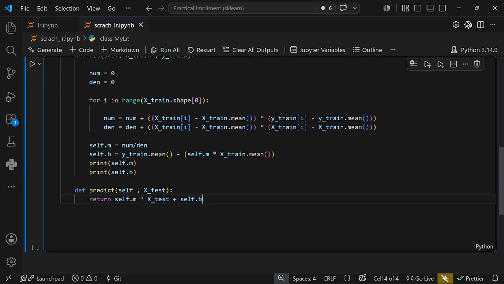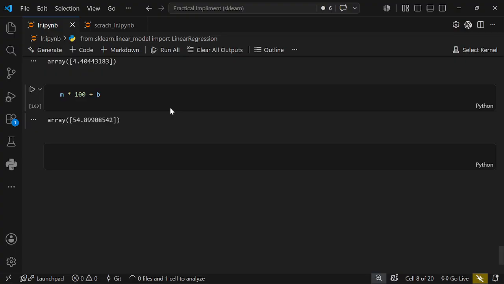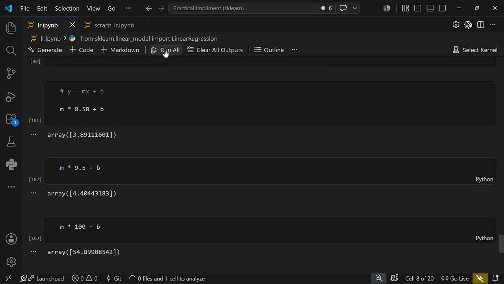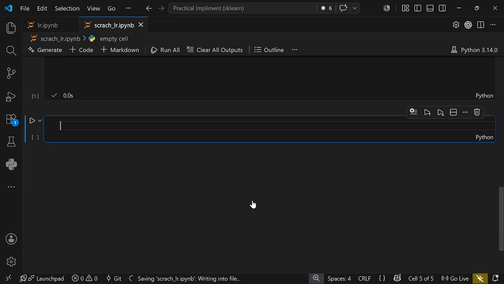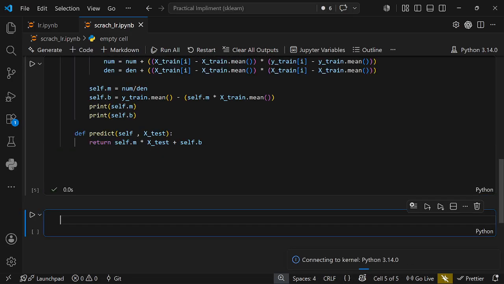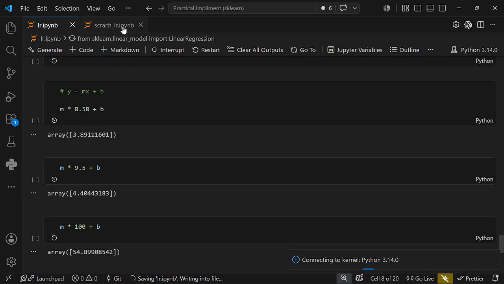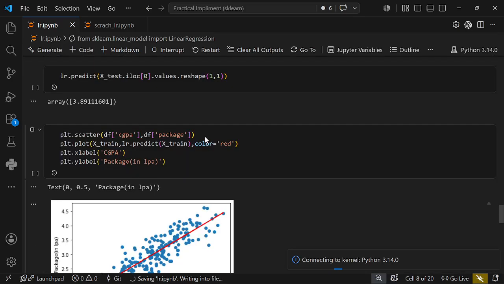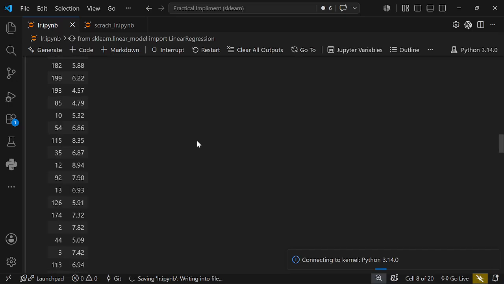Let's test this function over here. First we are going to split our data into the 80-20.